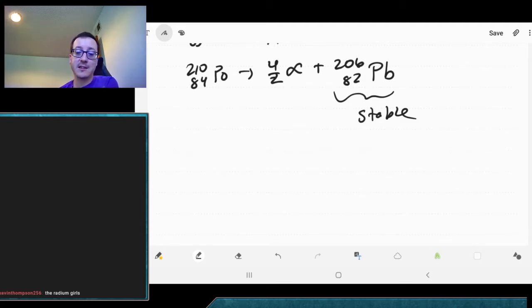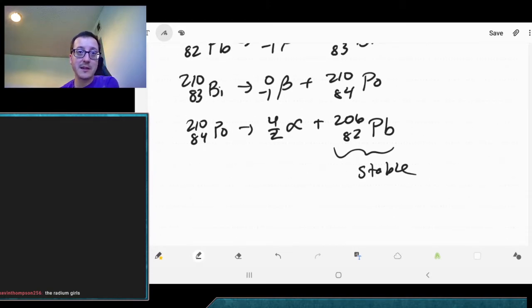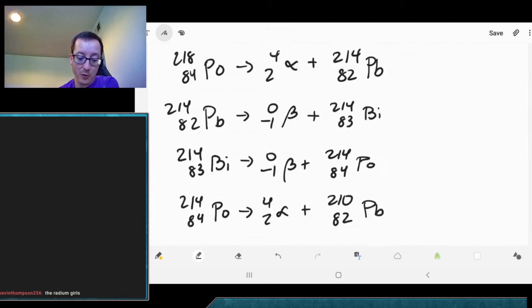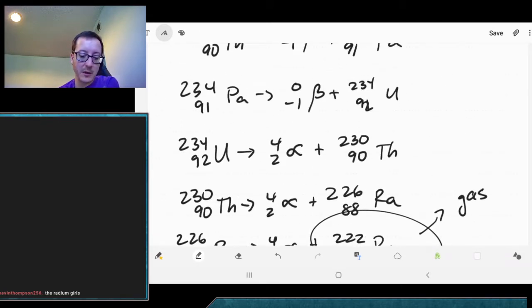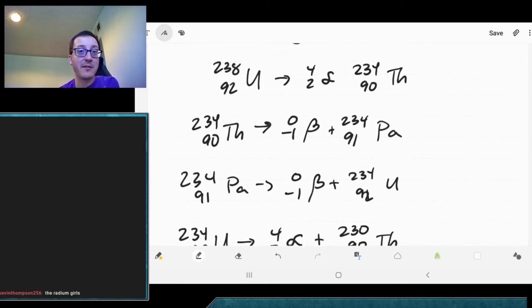If we end up seeing an excess of lead-206, that tells us where uranium has been. Or if there is uranium there, we can see, okay, well, with this amount of lead-206, we know that there was this much uranium at some point before all of these decays happened. And so we can have an estimate of how old something is by using uranium dating.